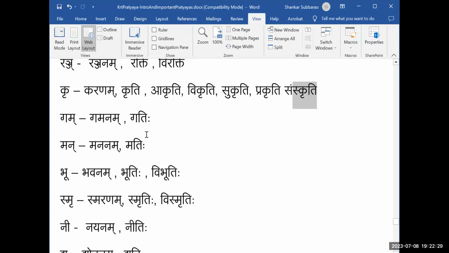Gam, gamanam, gatihi, movement. Gatihi can also mean karana, I think. I'm not very sure. No, I don't want to say it. Should check. Man dhatu, mananam, matihi. Now, matihi means what?